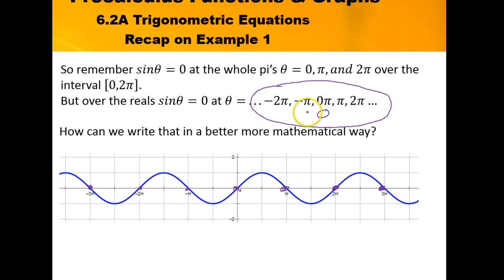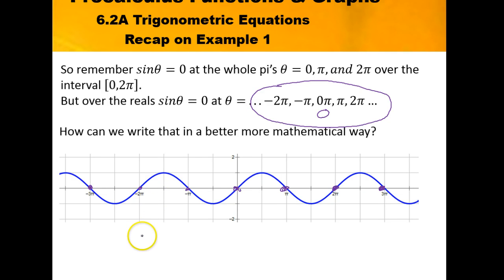Okay, so let's just talk about this. It looks like it's happening at every multiple of pi. So every, not multiple of pi, because not every multiple of pi, because like a half pi isn't right? So it looks like every whole number multiple of pi, or every integer multiple of pi.